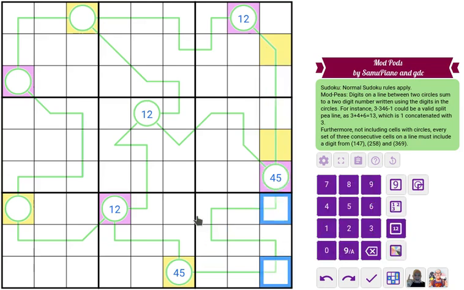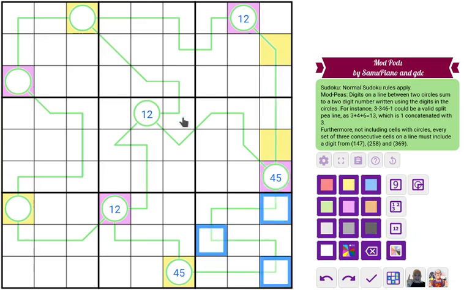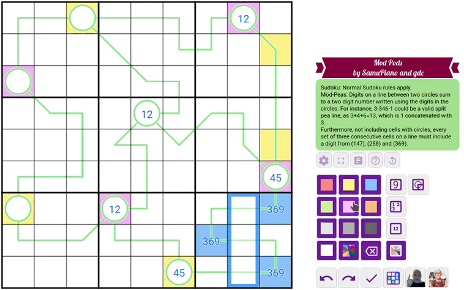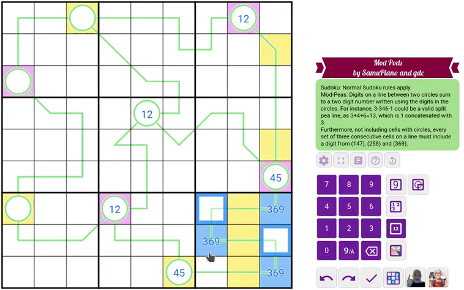So these are neither 1, 4, 7, nor 2, 5, 8, so 3, 6, 9. So give it blue color. This is not purple but yellow, and this is purple.